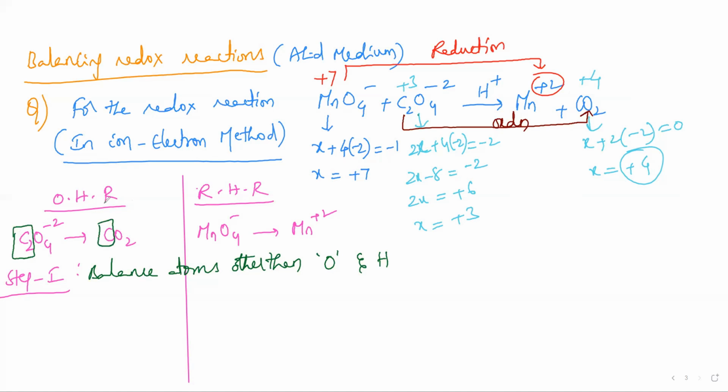Here how many are there? 1. How to balance? C2O4 minus 2 gives rise to 2CO2. Now both sides we have 2 carbons only. Here only 1 manganese, here also only 1 manganese. No need to balance because both sides have the same number. That is balancing atoms other than oxygen and hydrogen.